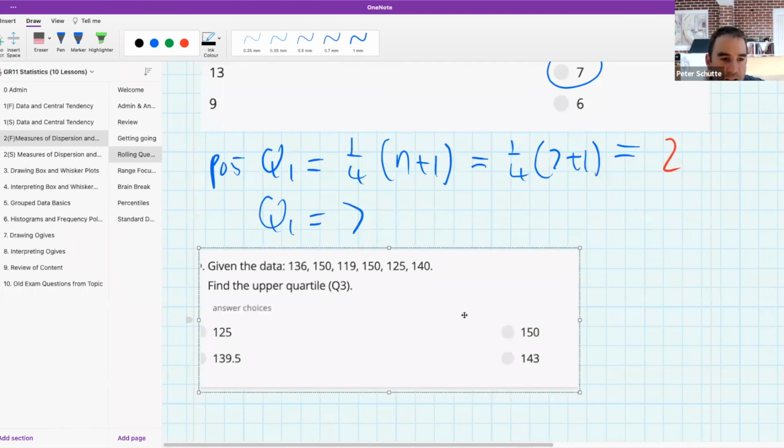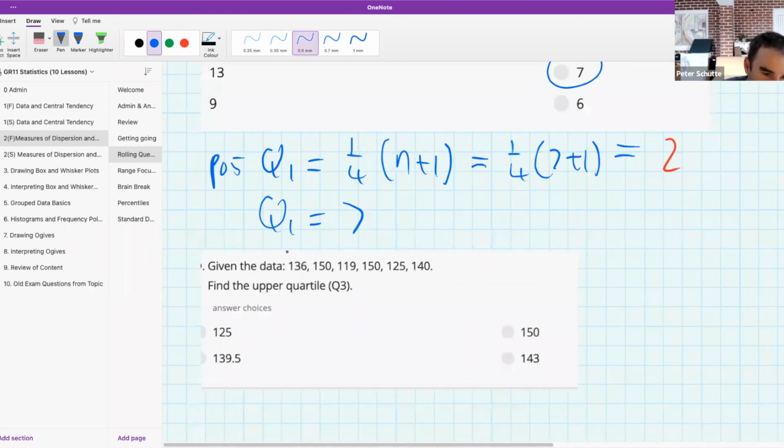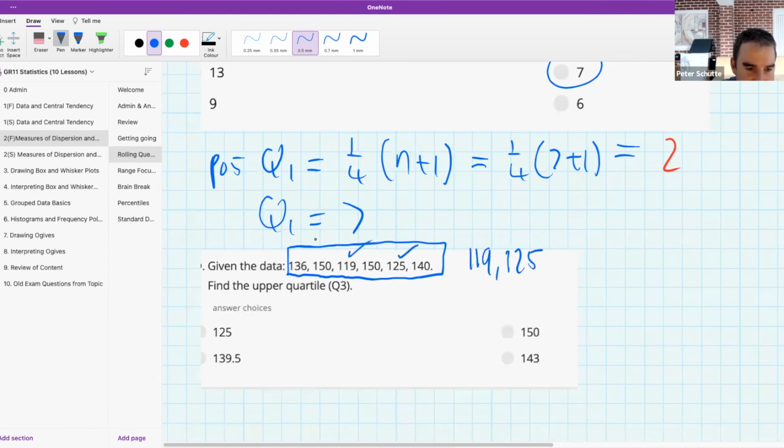Now, the one thing I want to point out, and I was a little bit sneaky, is this data is not arranged from smallest to biggest. When we find the quartiles, we always assume the data is arranged from smallest to biggest. I threw that in there to see.